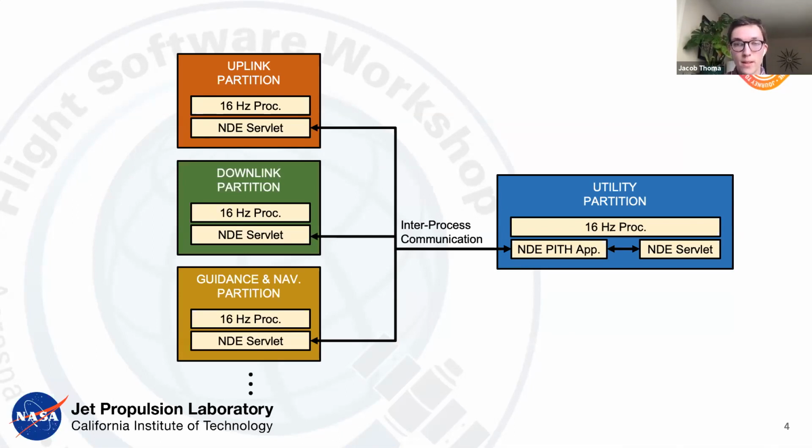And so you can also notice that there's a servlet in the utility partition, and that is just for symmetry of the messaging, so it looks nicer when accessing symbols within the utility partition, even though the PITH application technically could access those. Next slide.